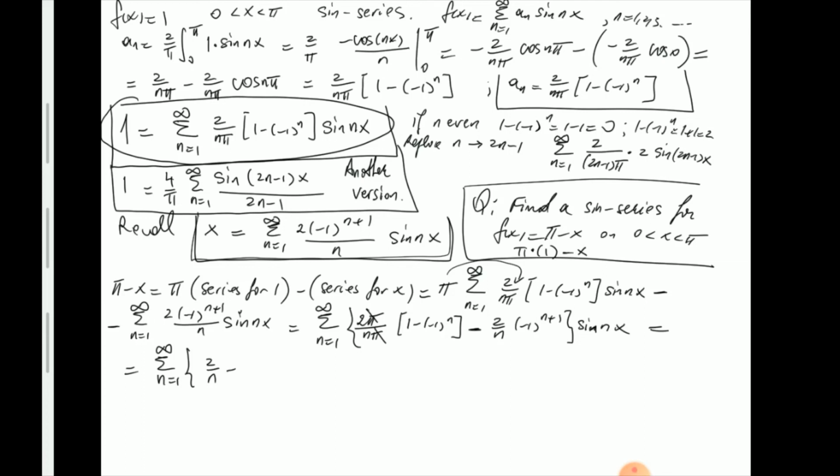So it'll be plus 2 over n minus 1 to the n plus 1, and then minus 2 over n minus 1 to the n plus 1. So this tedious term cancels, and then you're done, and you say that pi minus x is the summation from 1 to infinity of 2 over n sine of nx. That's actually one of the easiest series in terms of its coefficients.